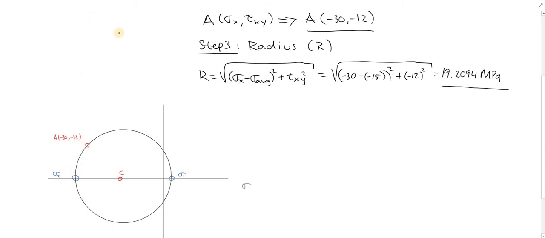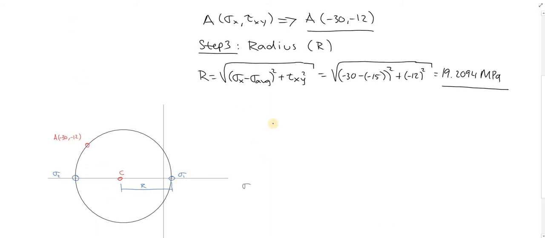Before we start drawing too much more, let's figure out what our principal stresses would look like. Just recall the distance between my C and my principal stresses, regardless of whether it's the minimum or maximum, they're simply separated by the radius.